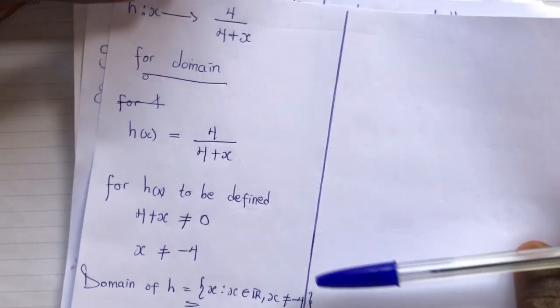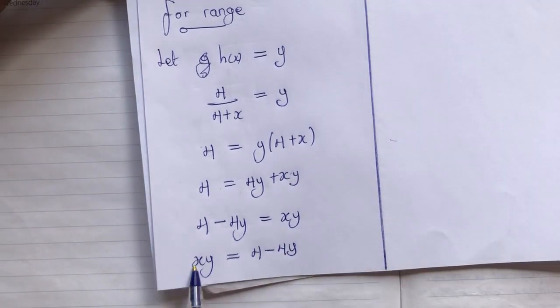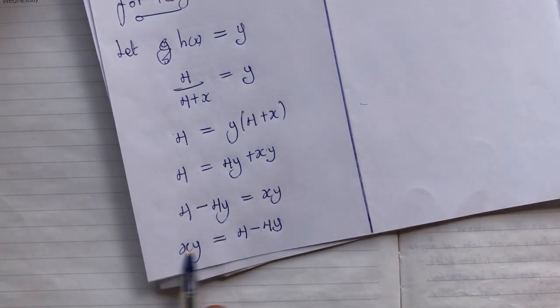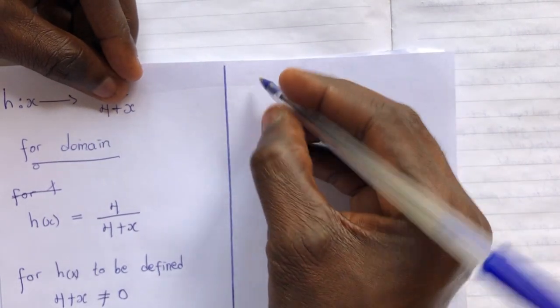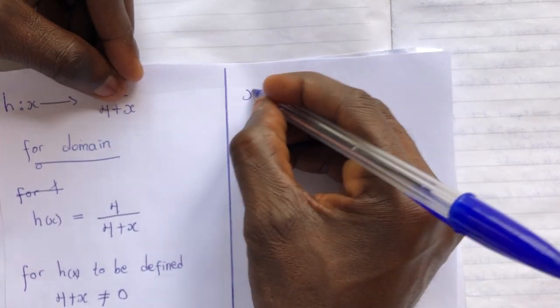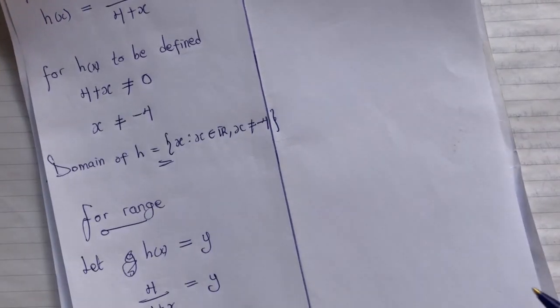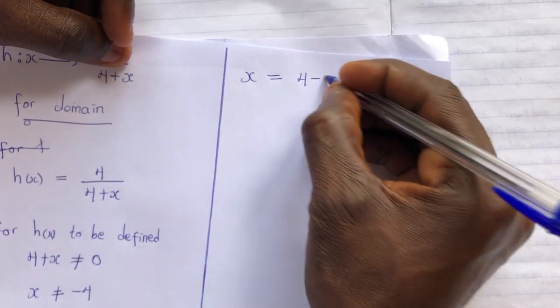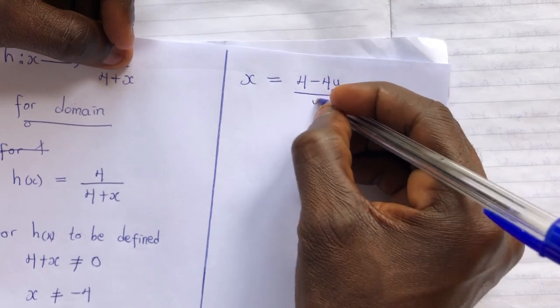So now I need to make x the subject. To make x the subject, I just need to divide through by y, so I can cancel this one. So I'm going straight for it. I'll just get x equals 4 minus 4y over y.